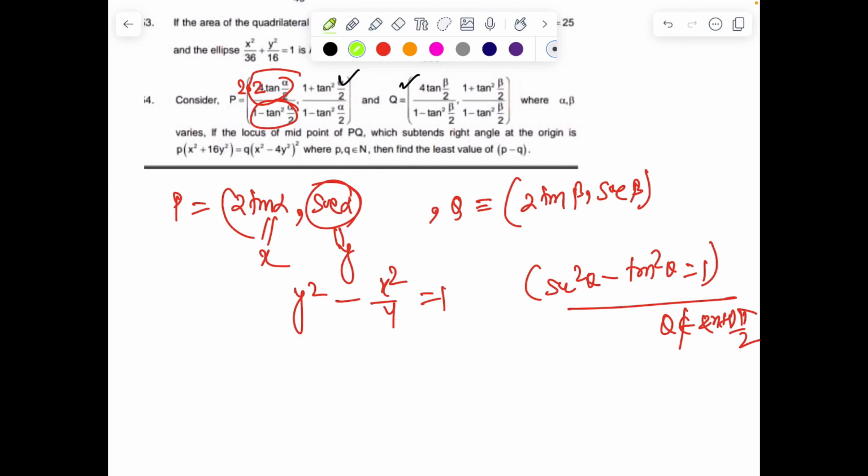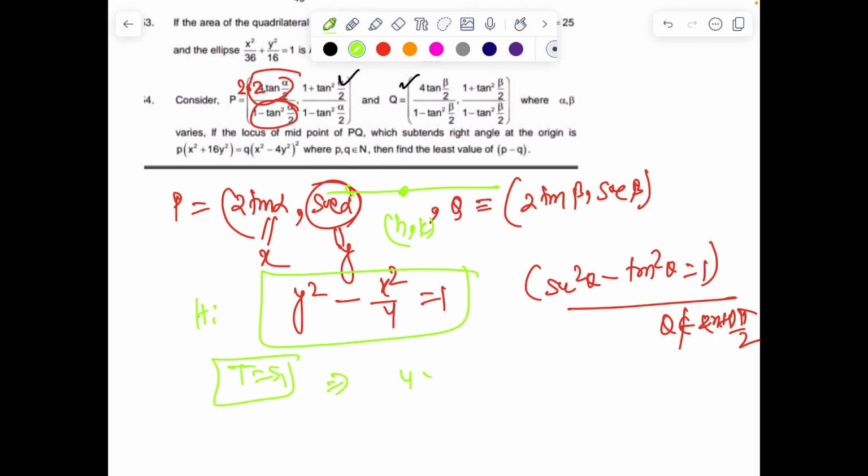Now we can consider the midpoint, since this is a hyperbola. Let's say the midpoint of PQ is some (h, k). So the equation of PQ is T equals S1. That gives me 4yk minus xh minus 4k square plus h square equal to 0.